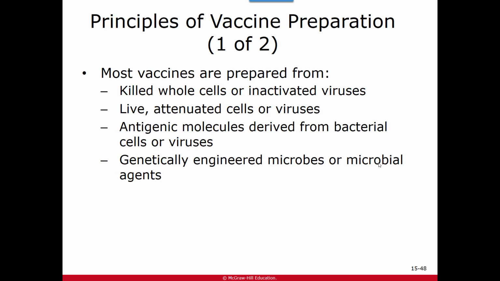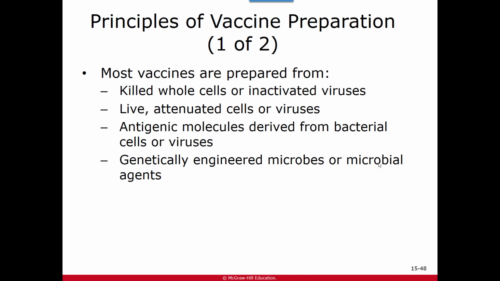Some principles of making vaccines. There are different kinds of vaccines. Most vaccines are made from killed cells. So we took a living organism and we killed it, or we inactivated a virus, because a virus isn't technically alive, but we inactivated it so it can't cause disease. Some vaccines are made from live cells or viruses, but they're called attenuated, which means we've modified them so they can't cause disease.